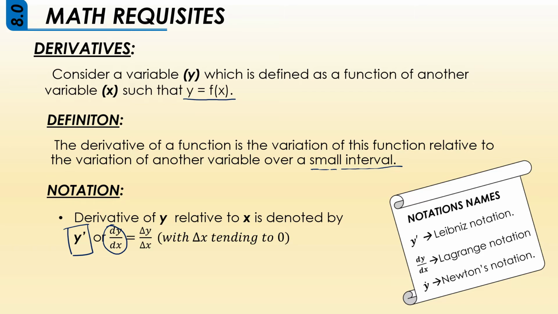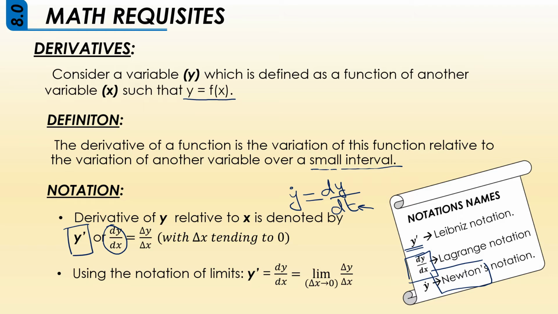Now, dy by dx is called Leibniz notation, and y prime is called Lagrange notation. The names are not important, but just for information. Now, in physics, we use the Newton notation, y dot, which is distinguished from the y prime as y dot is the derivative, but instead of saying dy by dx, we simply say dy by dt, t being the time.